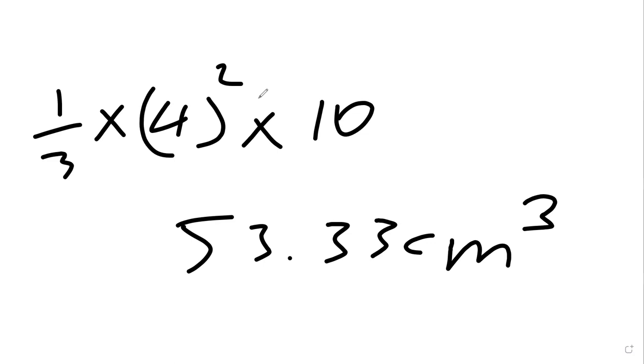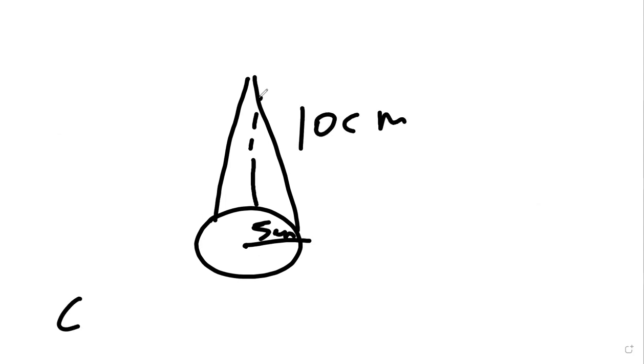Right? So let's try to solve a cone. Let's say we have a circle and we have a cone like this, and let's say our radius is 5 centimeters and my height is, let's use 10 again. I want to find the volume of this cone. Now the question is, what is the formula to find the volume of a cone?